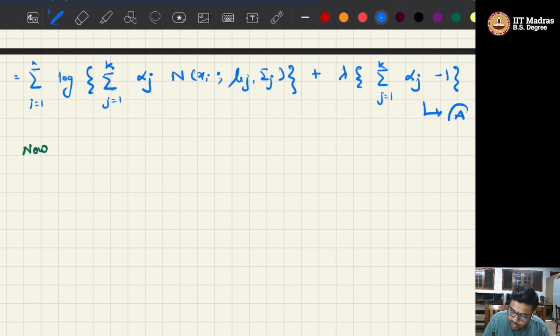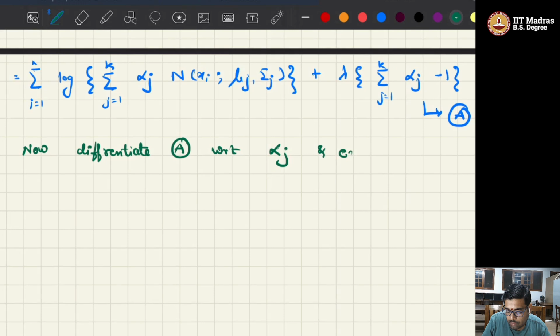Let's call it A. So now differentiate A with respect to alpha j and equate to 0.